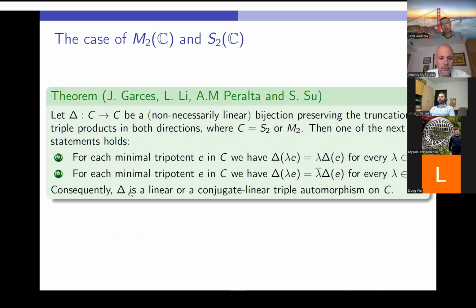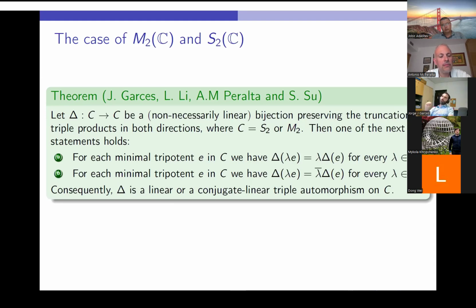So the first thing that we do is we show that when we have a delta, a bijection preserving truncation of triple products in both directions on S2 and M2, then it is a linear or conjugate linear triple automorphism. Okay, that's the first thing.